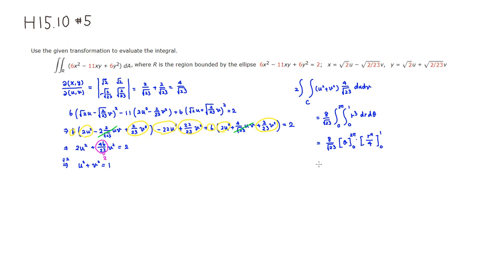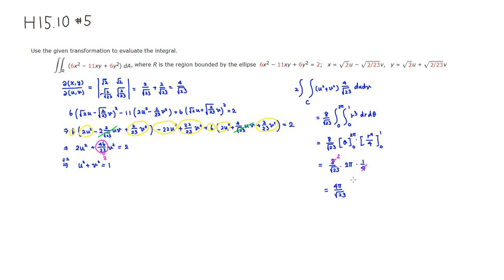So this gives 8 over square root of 23 times 2 pi times 1/4. We can cancel 4, 8 and 2, so we get 4 pi over square root of 23.